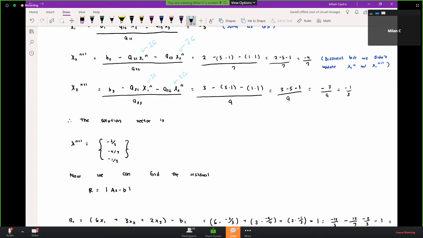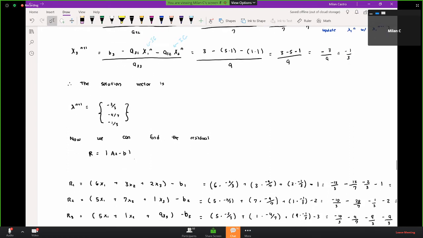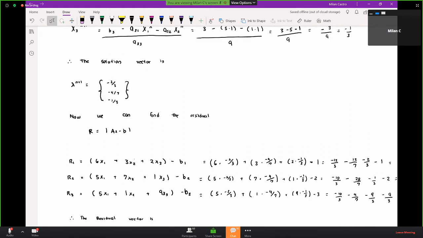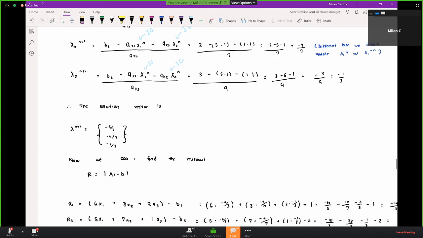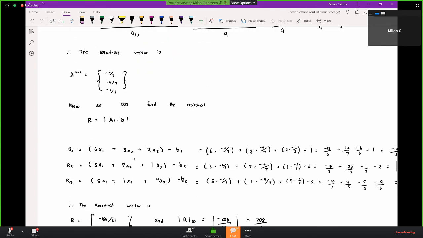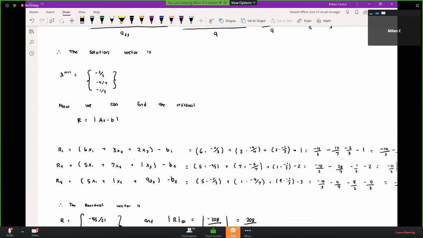And then from here, we can find the residual vector. So don't mind my math, it's just all over the place. It's essentially the same thing to find the residual vector. So we write down our equations, we break down our matrix into the systems of equations, and we do A times X minus B. So we have 6x1 plus 3x2 plus 2x3 minus b1 is going to equal all this nonsense.